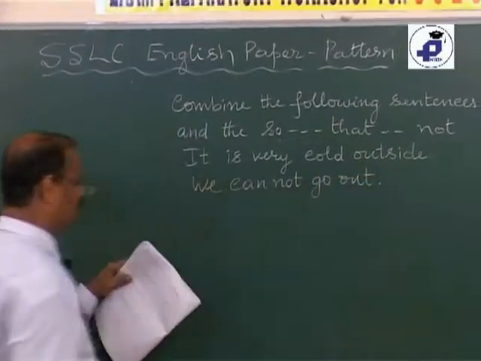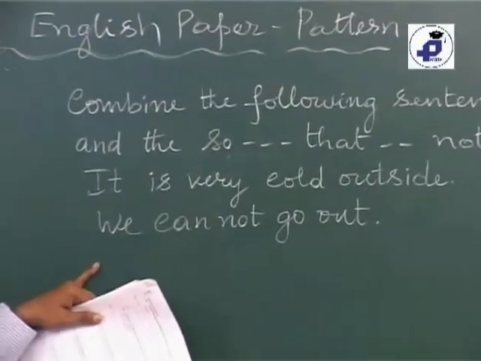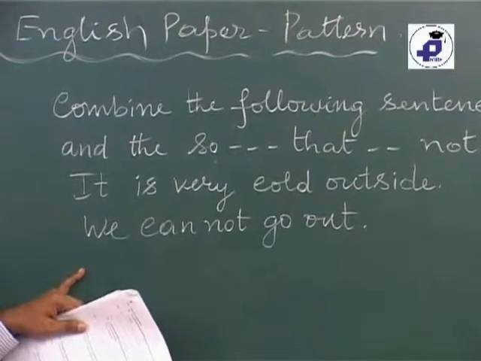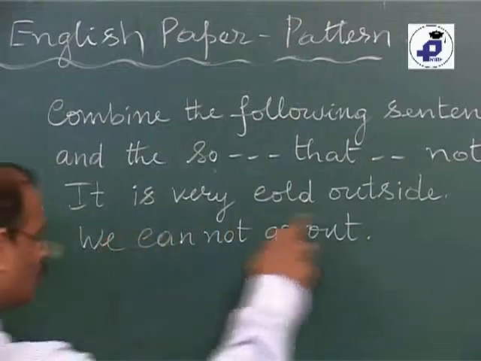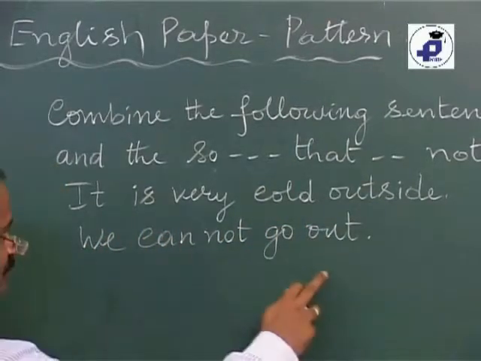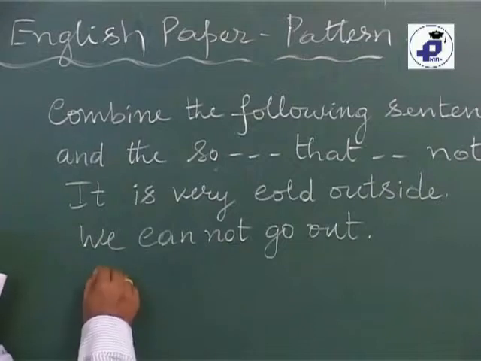First of all, read these two sentences properly and understand their meaning. Once you understand the meaning of the sentences, it becomes very easy for you to combine them. Now, it is very cold outside, we cannot go out. The answer will be, it is too cold outside for us to go out.